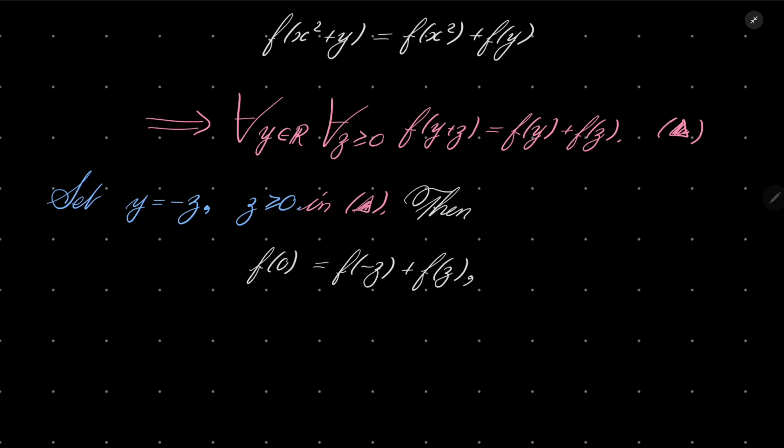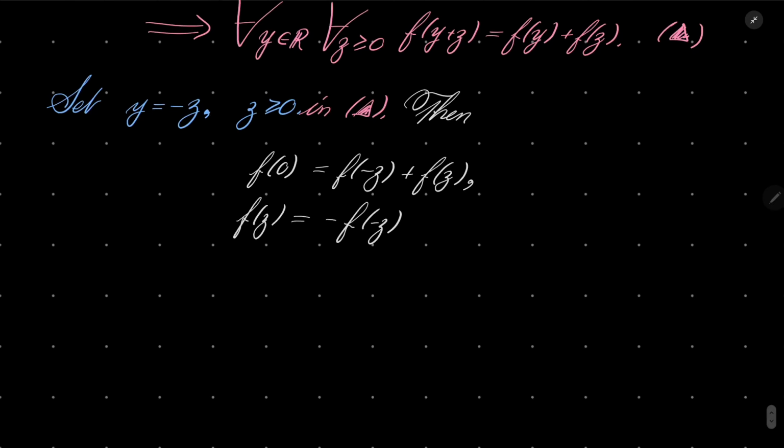But f of 0 is 0, so we have f of z equals minus f of minus z for every non-negative number z, which means that our function is odd. Yes? So let's write it. f is odd.